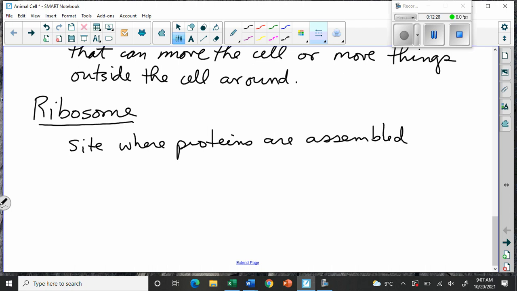So remember, the nucleus is where we have the instructions for the proteins, but those are just the instructions. And so there are messenger molecules that bring those instructions out of the nucleus into where the ribosomes are. Remember, the ribosomes were very close to the nucleus, right? They were on that windy thing, that endoplasmic reticulum.